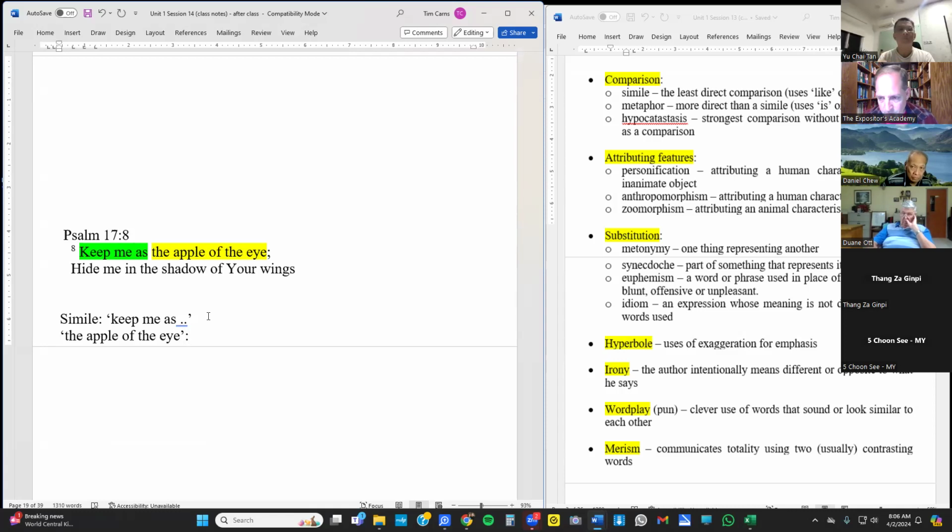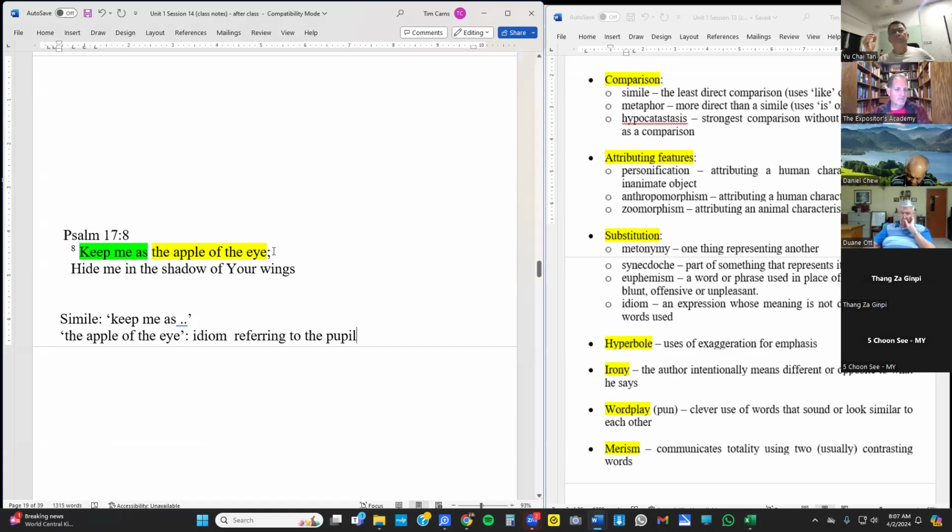Is he speaking of a literal piece of fruit in the eye? It's actually an English expression, the apple of the eye. Yes, it's an idiom referring to the pupil.